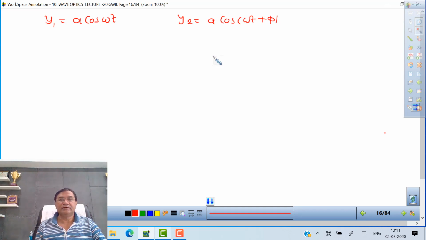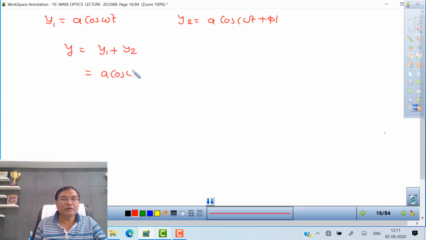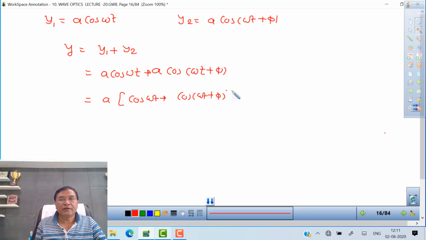We derive one general formula. So for intensity, as we have the superposition principle, y1 plus y2, and we put the value: a cos omega t plus a cos(omega t plus phi). We use trigonometry, a is common.